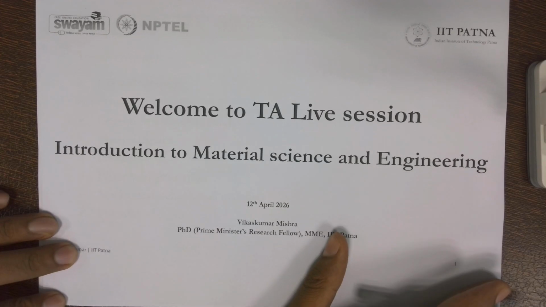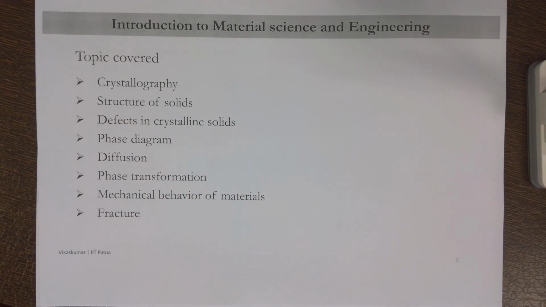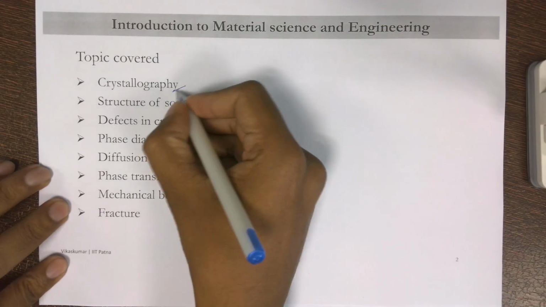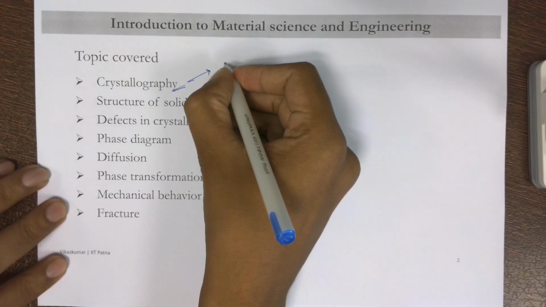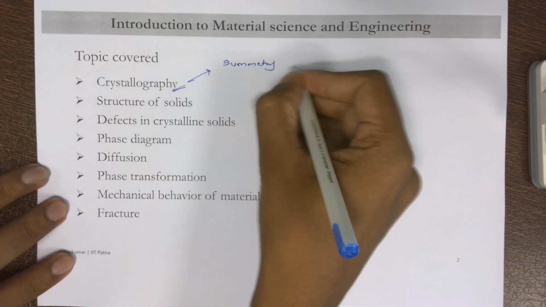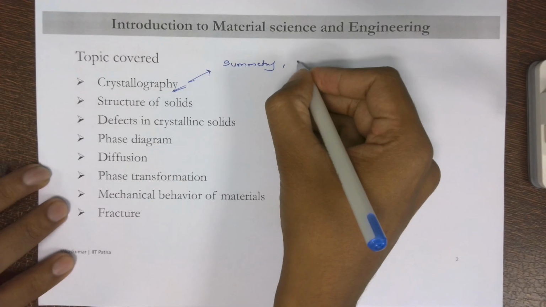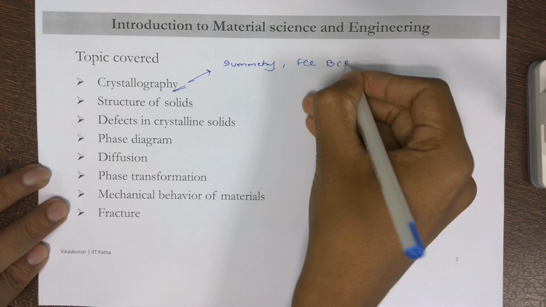Let's quickly have a look at the list of the content that has been covered in this course. They are as follows. We discussed crystallography, where we discussed symmetry, and the various types of structure stacking, for example FCC, BCC, and HCP.